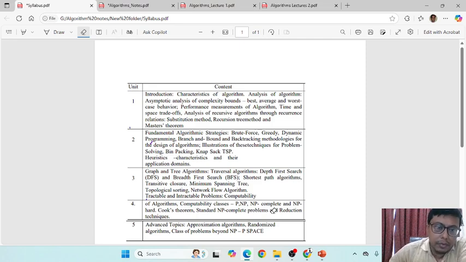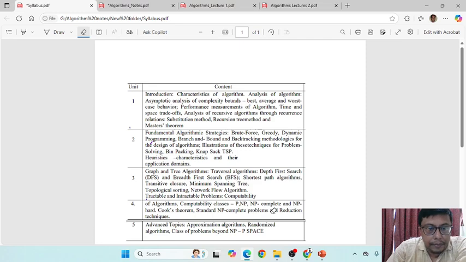In each of these units, you will be learning the important concepts of design and analysis of algorithms. To be precise, in Unit 1, we will be covering the introductory concepts that will be required in all the remaining 4 units.